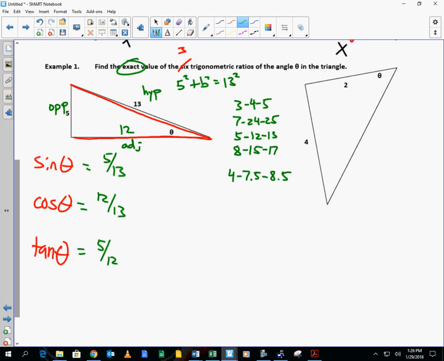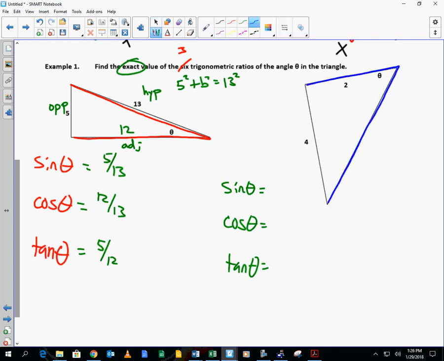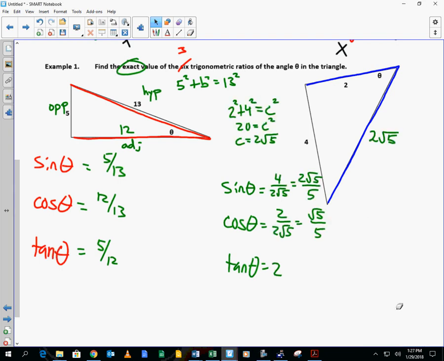You try the next one on your own. Do sine, cosine, and tangent. Okay, as you check out the answers here, you should get sine of theta is 2 roots of 5/5.